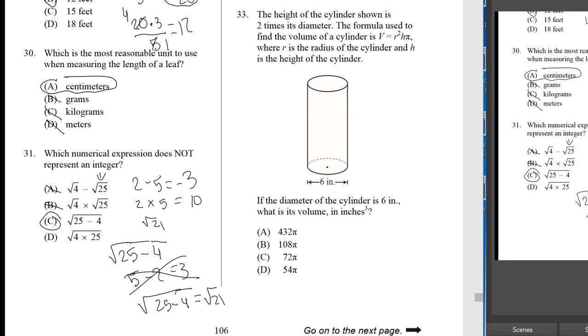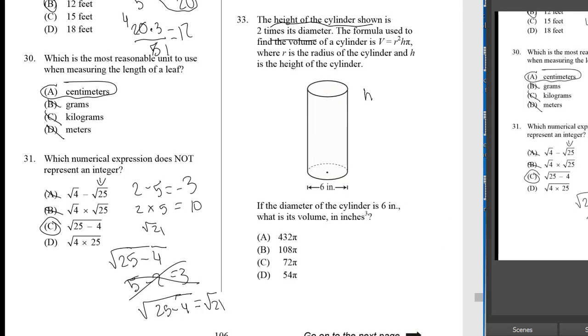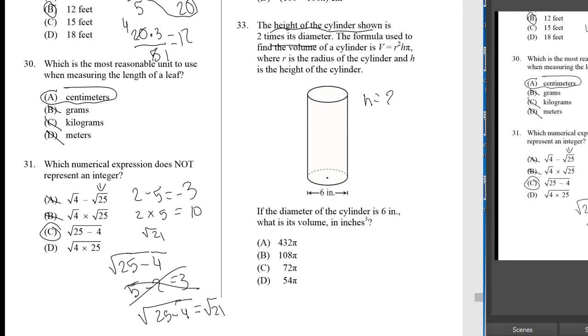Okay, this is just plug and chug, though I do have to do a little bit of extra math besides plugging and chugging. The height is 2 times the diameter. Well, the diameter is 6, so height is equal to 12. That's simple. I also know that the diameter is 6, so the radius has to be 3.